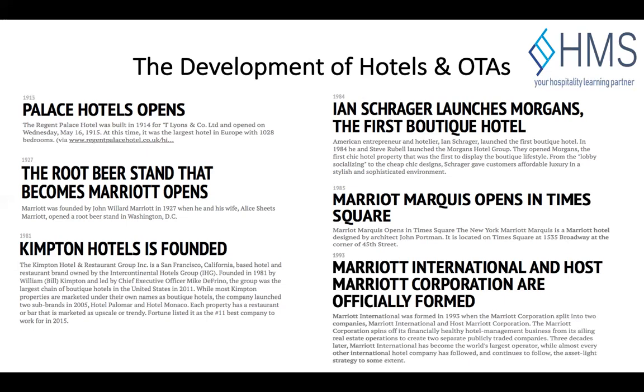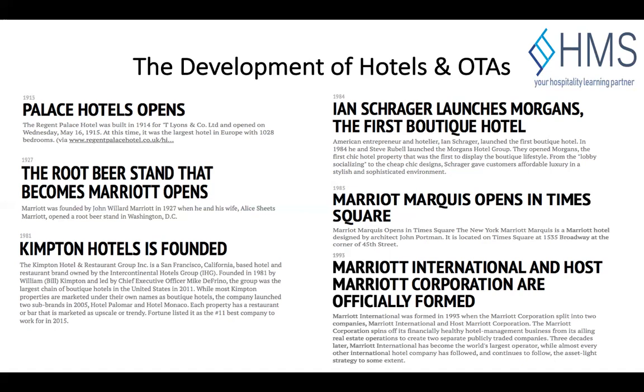Then Marriott International and Host Marriott Corporation were officially formed. As history shows us, Marriott International was formed in 1993 when the Marriott Corporation split into two companies. One was simply Marriott International, the other was Host Marriott Corporation.